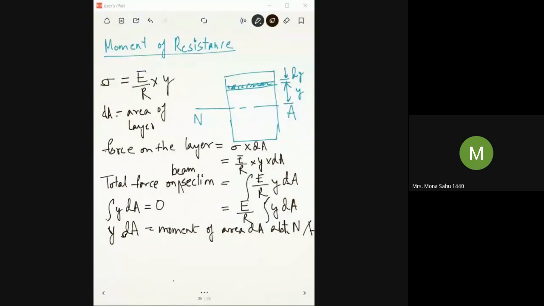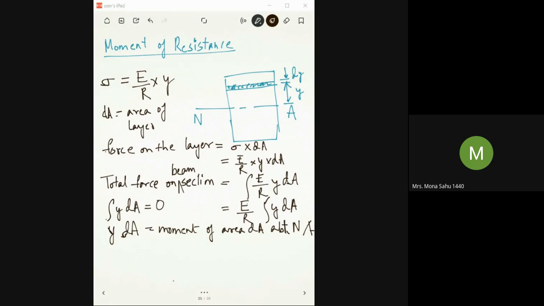So due to these stresses, the forces will be acting on the layers. These forces will have moment about the neutral axis. The total moment of these forces about the neutral axis for a section is known as the moment of resistance of that section.